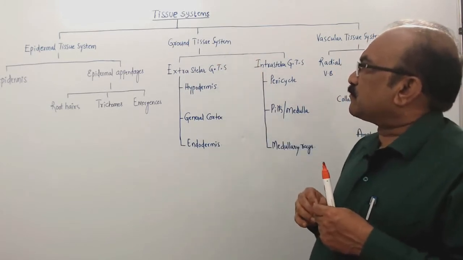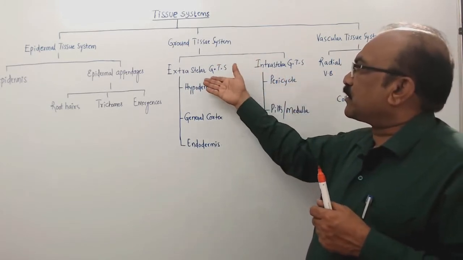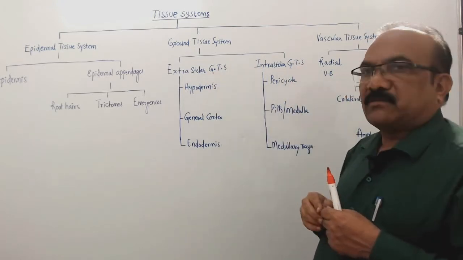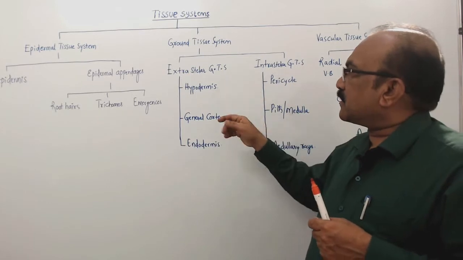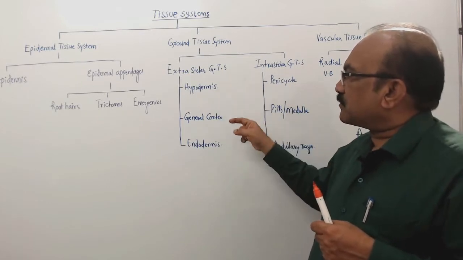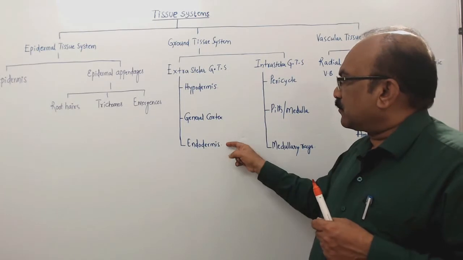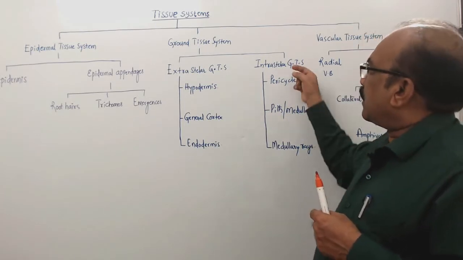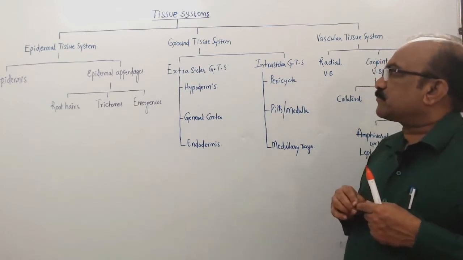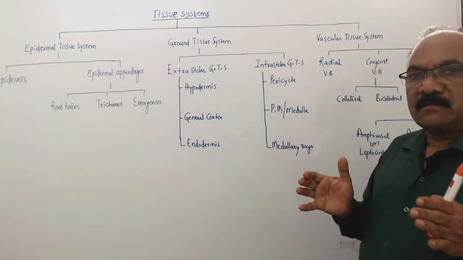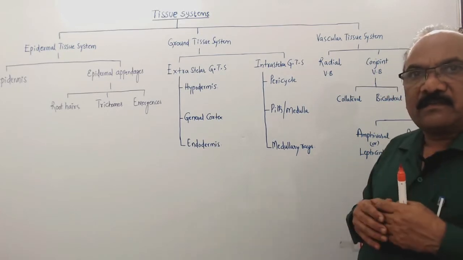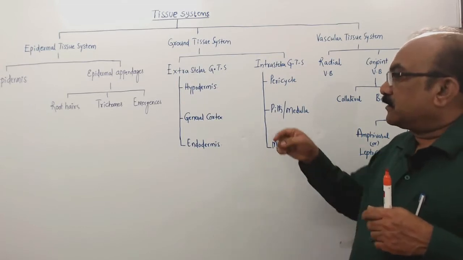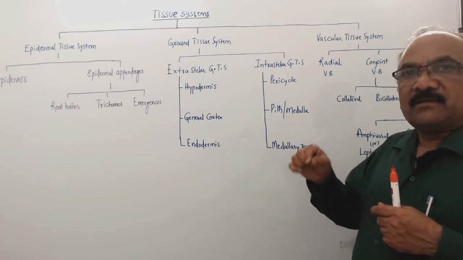It can be classified into two types: extrastelar ground tissue system and intrastelar ground tissue system. The extrastelar ground tissue system includes hypodermis, general cortex, and endodermis. The intrastelar ground tissue system is the central vascular cylinder, called the stele, which is surrounded by a tissue called pericycle.